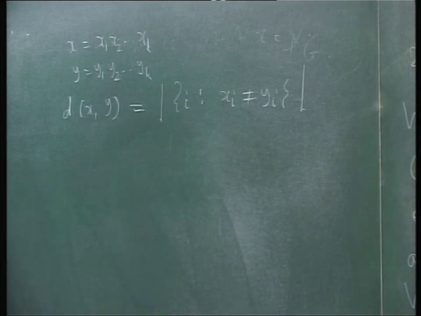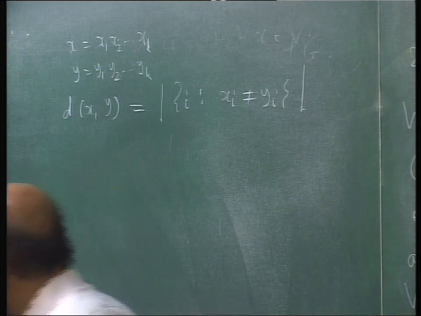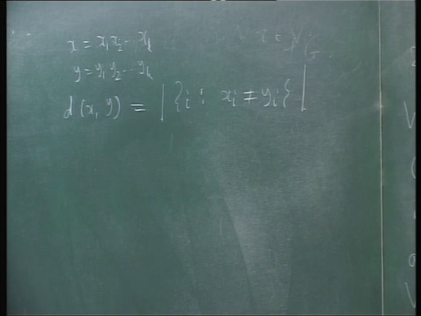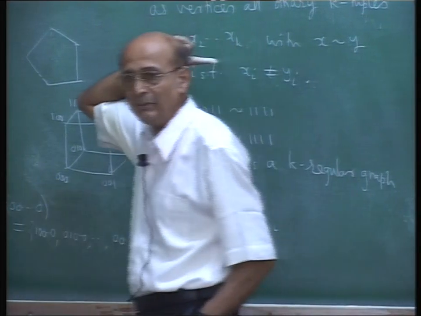So this is called the Hamming distance between those two binary words. The largest Hamming distance over k coordinate places is k. Like 0, 0, 0 and 1, 1, 1, the distance is 3. So that is what we call the Hamming distance.